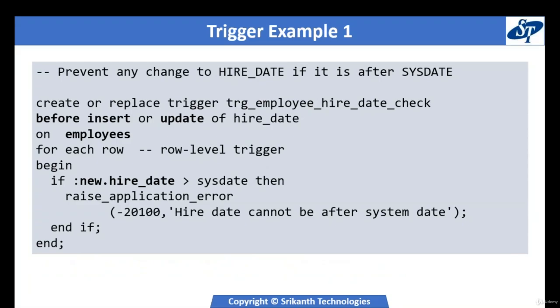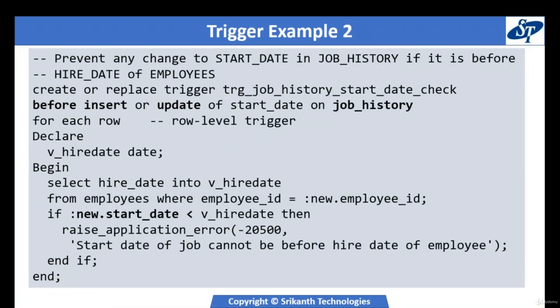Now going back, this is another trigger where we want to know whether the start date in job history for an employee is on or after the hire date, because job history indicates the jobs the employees did in the past, and no employee could have done a job before he joined.